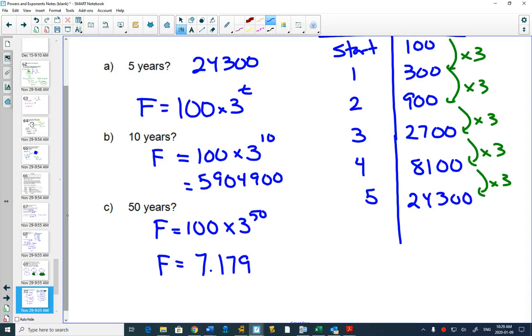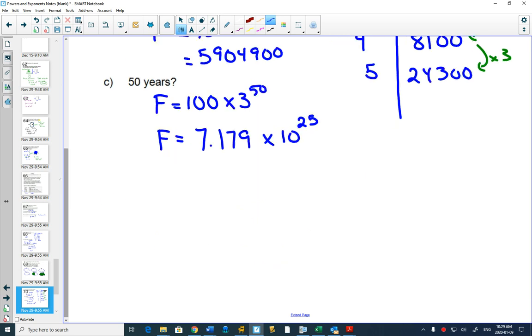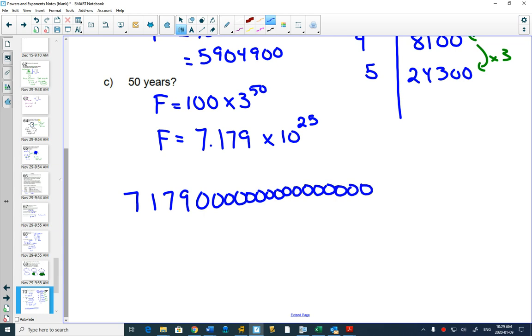I'm going to just write the first 3, and then it says e to the 25. It's telling me scientific notation, so many frogs times 10 to the 25. If you want to know what 10 to the 25 means, that means 1, 2, 3, 4, 5, 6, 7, 8, 9, 10, 11, 12, 13, 14, 15, 16, 17, 18, 19, 20, 21, 22, 23, 24, 25 zeros. That's an approximation. That's a lot of frogs.